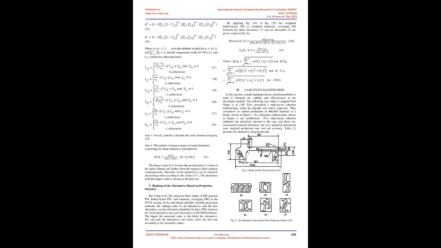Two of the most common operators for aggregating arguments are the weighted arithmetic average operator and the weighted geometric average operator, which have been widely applied to decision-making problems. [5] extended them to SVNS sets for aggregating Neutrosophic information in decision-making problems. Then, the ranking order of alternatives is performed through the cosine similarity measure between an alternative and the ideal alternative, and the best choice can be obtained according to the measure values.